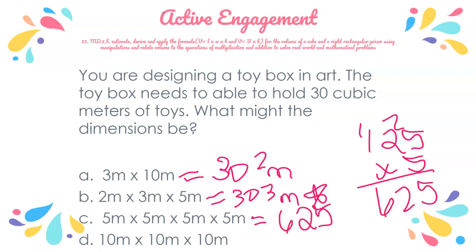And this is for, I don't even know what you would call it, for something, right? Because we're multiplying 5 4 times. And then if you chose this one, 10 times 10 is 100 times another 10, that's 1,000 cubic meters. So the only answer could be B.